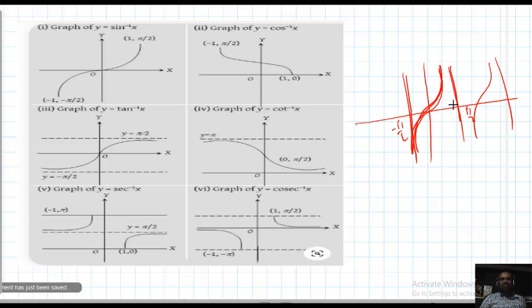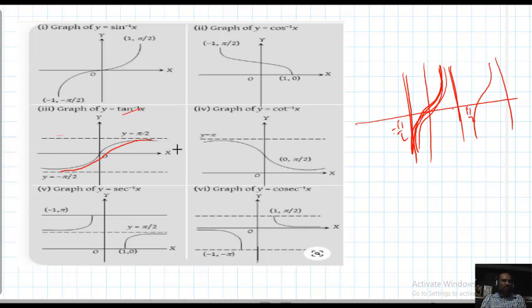This is one-one and also onto, bijective. If you take the tan function from minus pi by 2 to pi by 2, it is bijective, the inverse exists, and the inverse is tan inverse of x. So this graph is like this. This is the y equal to pi by 2 line, this is the y equal to minus pi by 2 line.